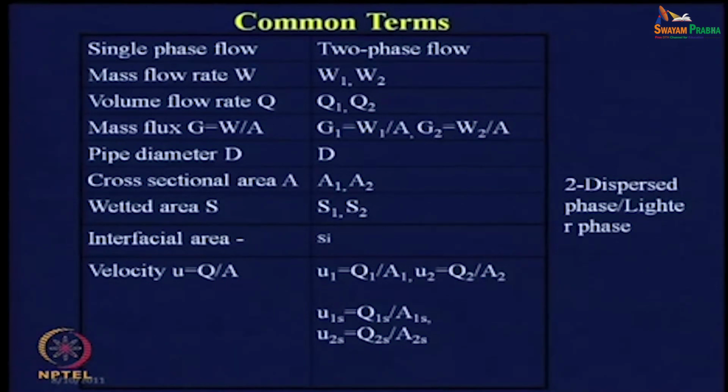For example, when it was single phase flow, what was the single most important parameter? It was the flow rate, mass flow rate or the volume flow rate. Along with mass or volume flow rate, we need to know the volumetric composition of the two phases flowing in the pipe. Just knowing their volume flow rates is not sufficient, because the moment we introduce them in the pipe, they do not flow in the volumetric flow rates in which they have been introduced.